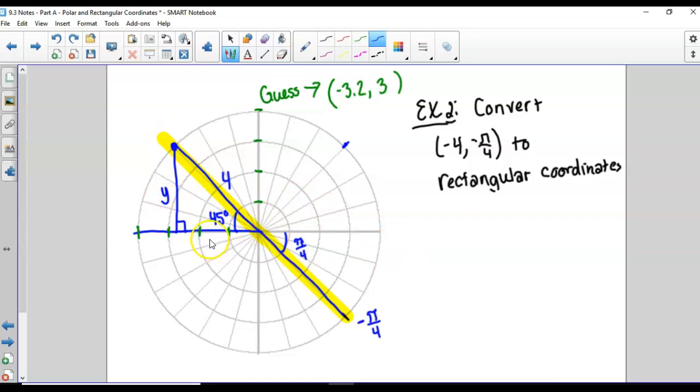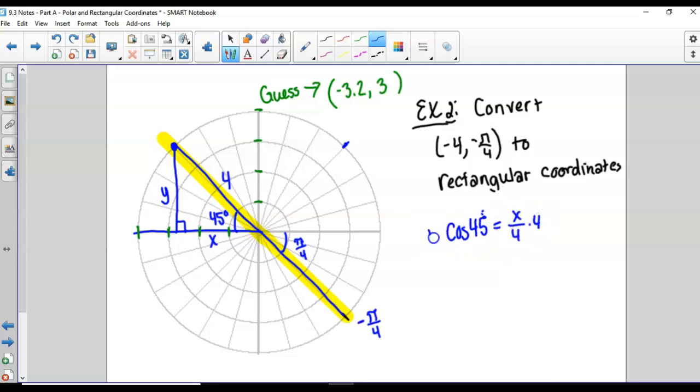So whenever we set this up, the vertical side is always your y. The horizontal is your x. So this is the adjacent. This is hypotenuse. So cosine of 45 is going to equal x over 4.